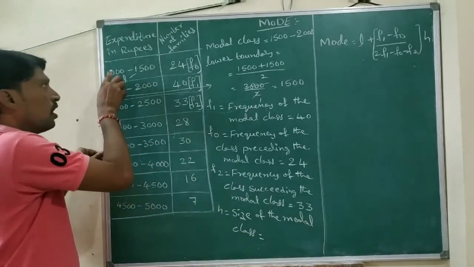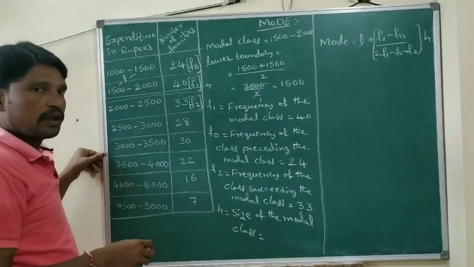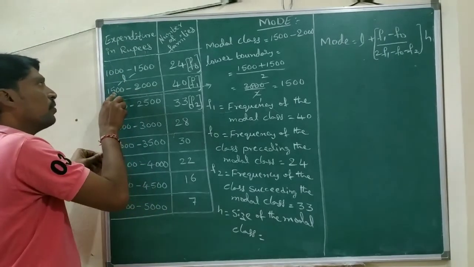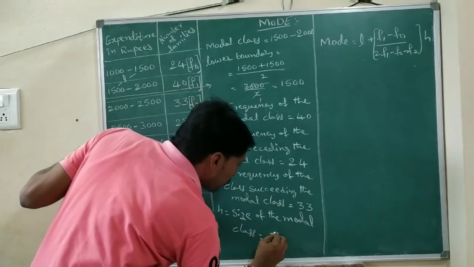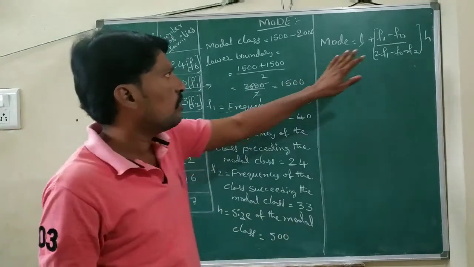We get it as the difference between any two successive class intervals' lower limits or upper limits: 1500 minus 1000 is 500. Now all these values we are substituting in the formula.